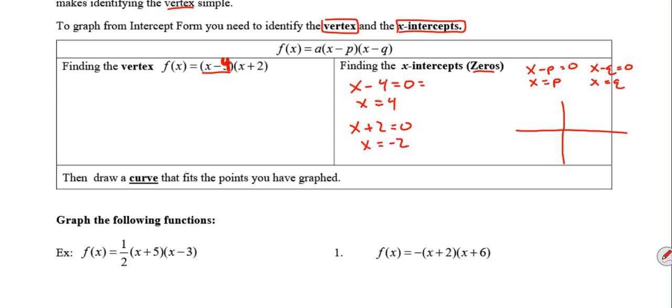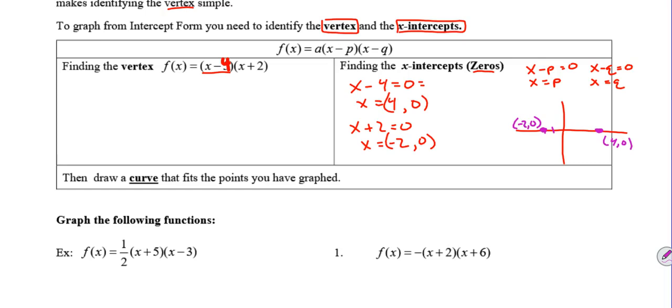So those are my zeros, which I can turn into x-intercepts by writing them as points with a 0 in parentheses. So I know that I have a point here at 4, 0, and I have one back here at negative 2, 0.